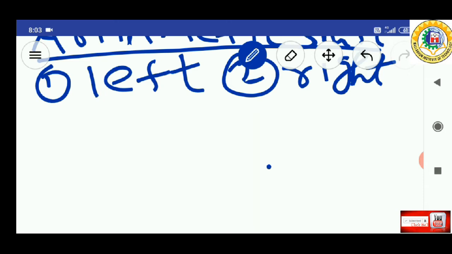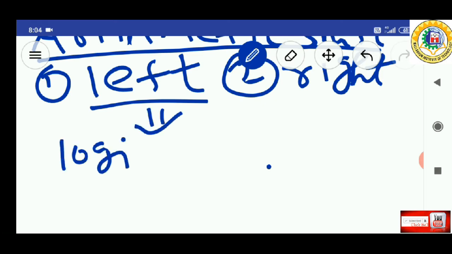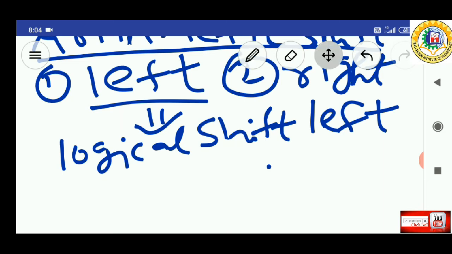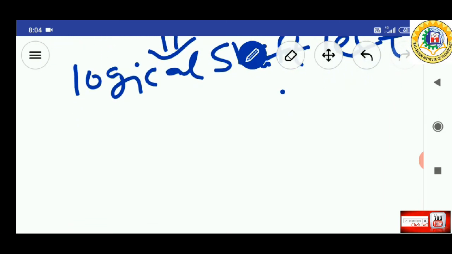In the case of the arithmetic left shift, it is the same as the logical left shift. It is equivalent to logical shift left. There is no difference between these two, so we will just discuss a very simple example.